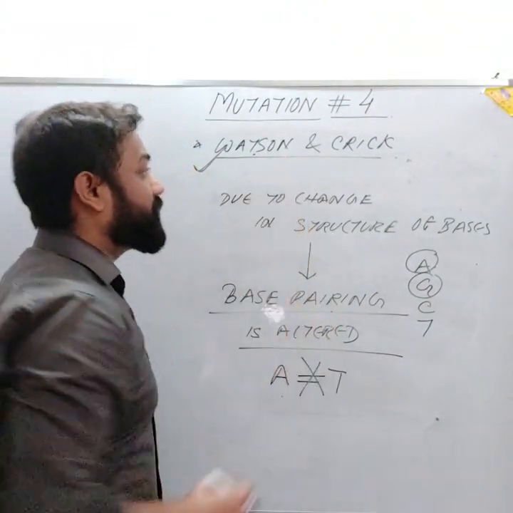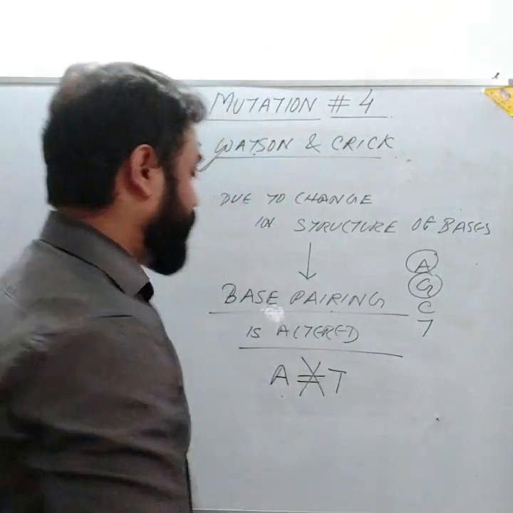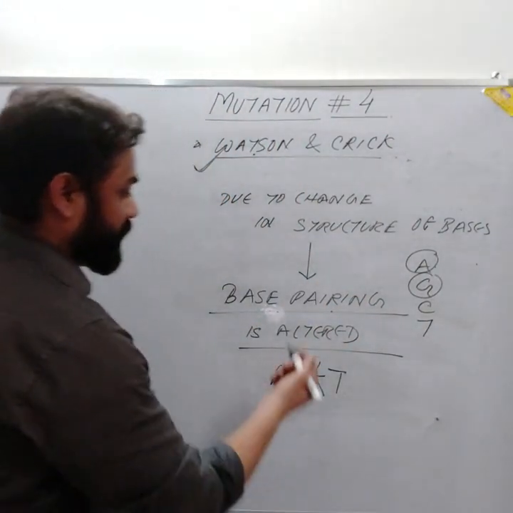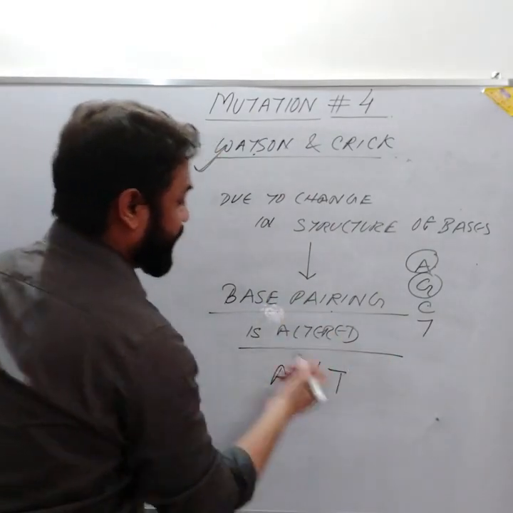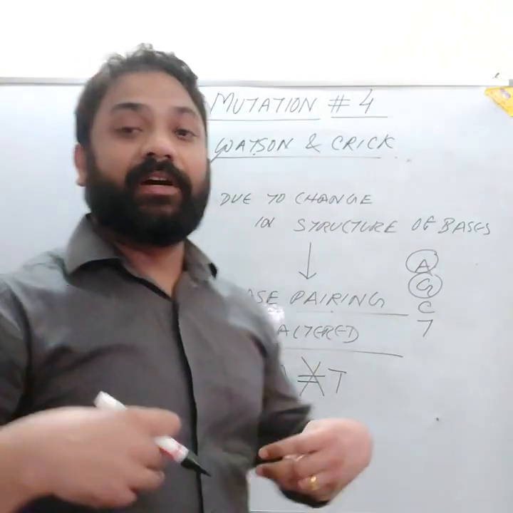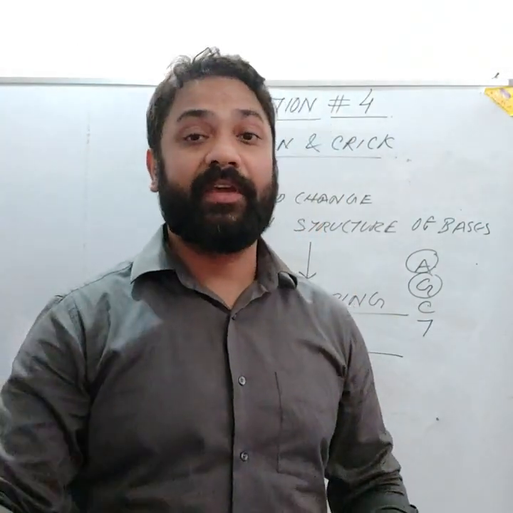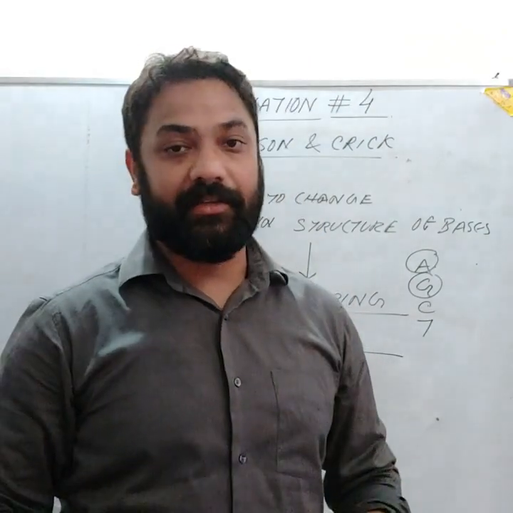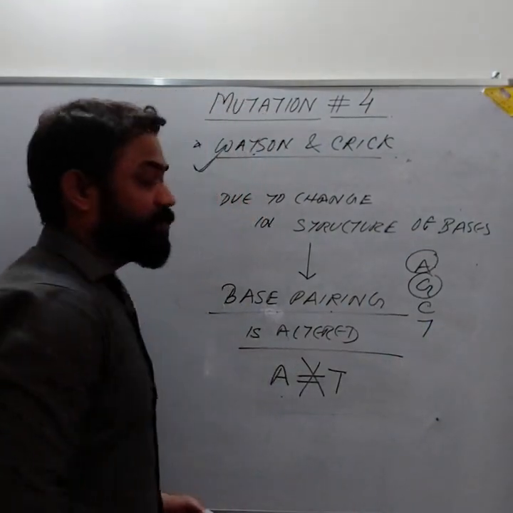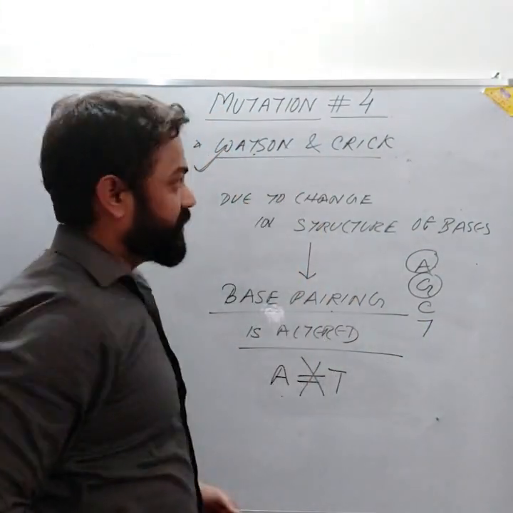This is what Watson and Crick pointed out about spontaneous mutation, and because of this change or alteration in the base pairing of these bases, we have a different mutant, or we say that mutation occurs. That means here we have changes in the base pairing of bases. Now this is what they pointed out.